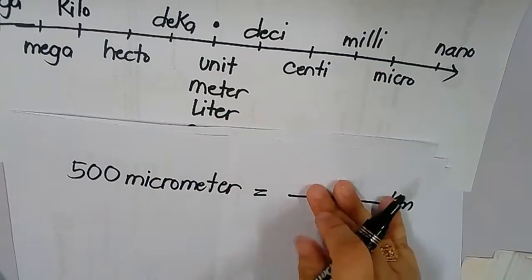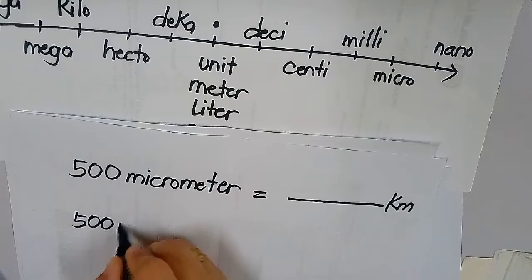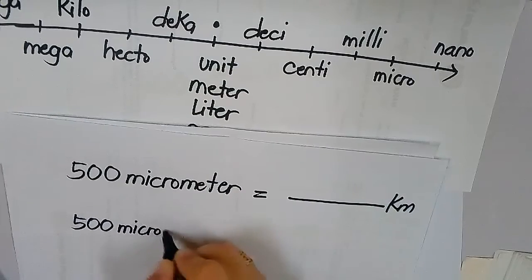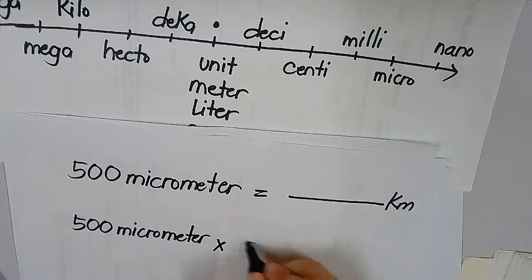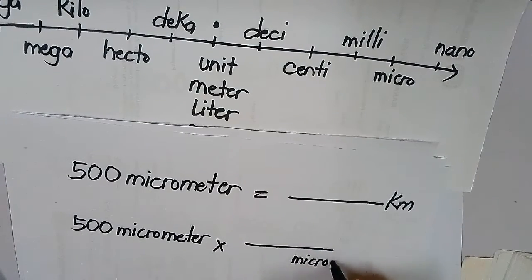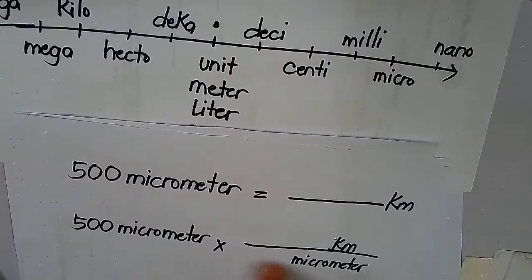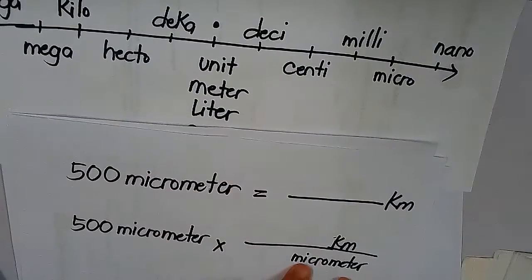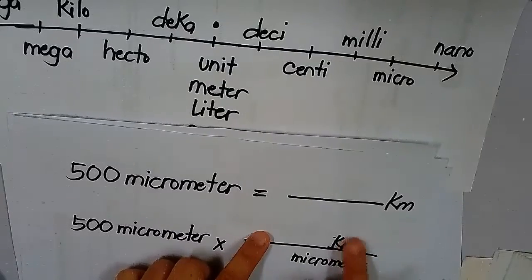So nga, let us convert 500 micrometer times, nilagay ko si micrometer dito kasi para makancel siya mamaya. And then this one, nandito siya sa taas.